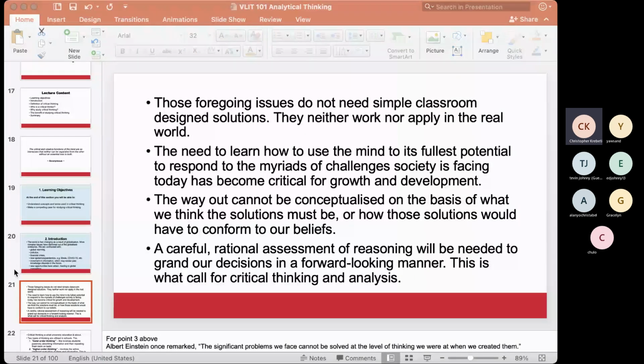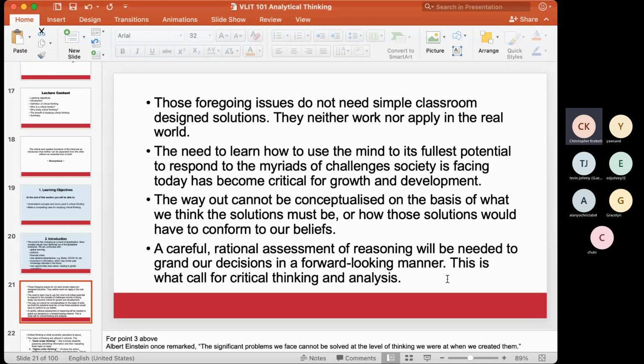So a very careful, rational assessment of reasoning is what will be needed to ground our decisions in a forward-looking manner.